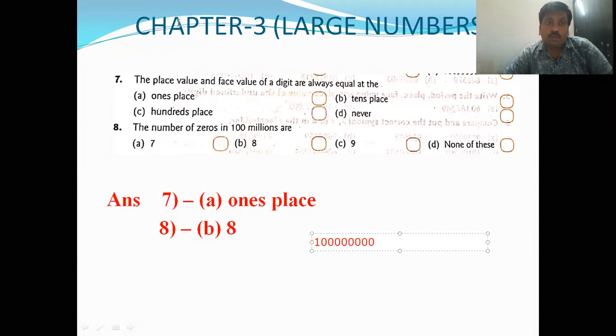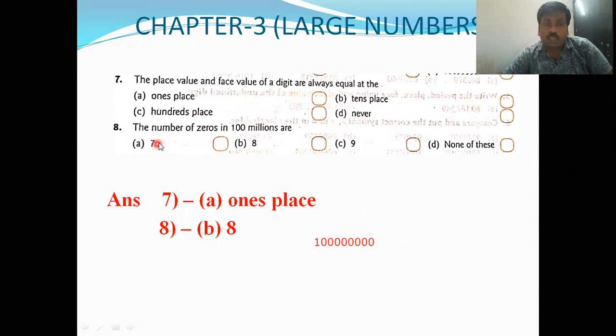Now, when we count the zeros, firstly, we write ones, tens, hundred, thousand, ten thousand, hundred thousand, million, 10 million, and 100 million. Okay, this is the 100 million.